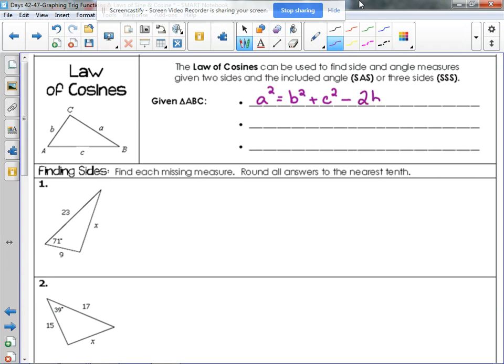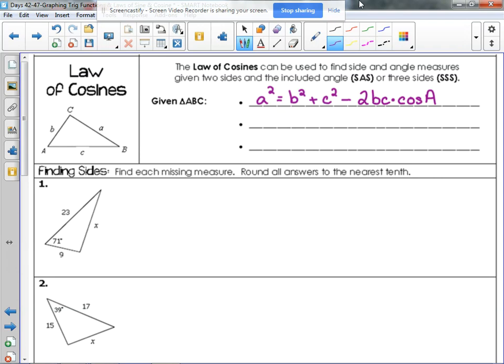Minus 2bc. Notice that's the same letters that were on that side of the equal sign that were being squared, times the cosine of angle A, the angle of the side that's on the other side of the equal sign by itself.